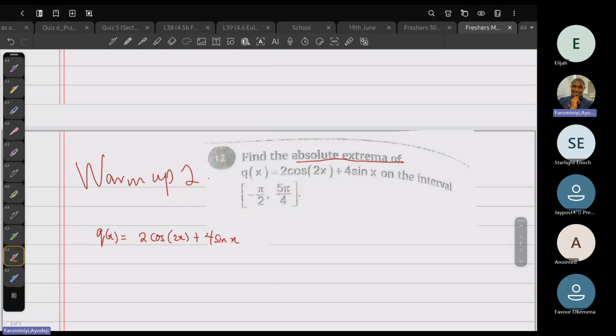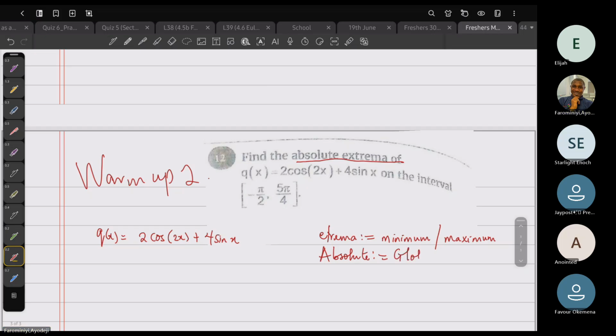First and foremost, extrema is the general word for minimum or maximum. So the question is asking us to find the minimum or maximum. And absolute is another word, in this case, for global.